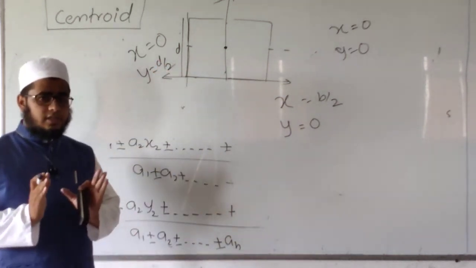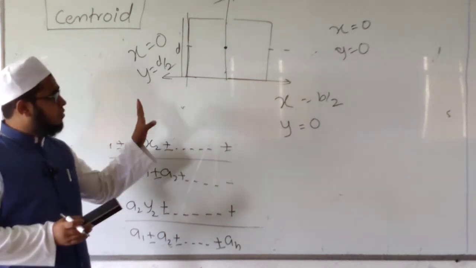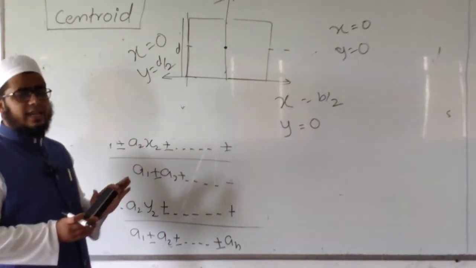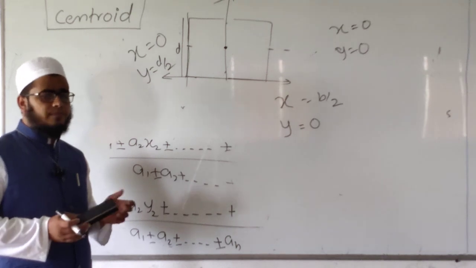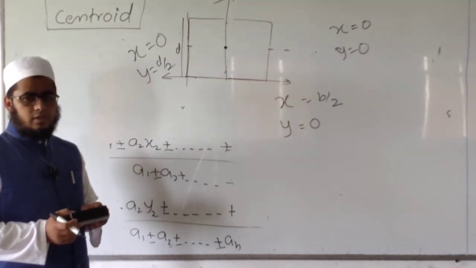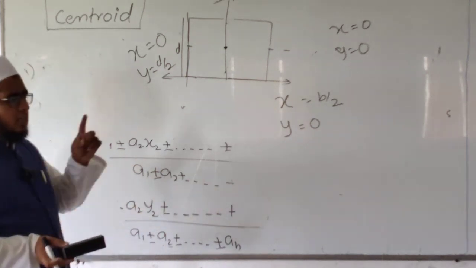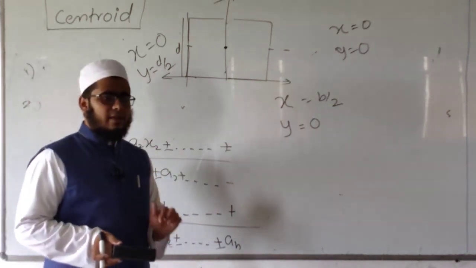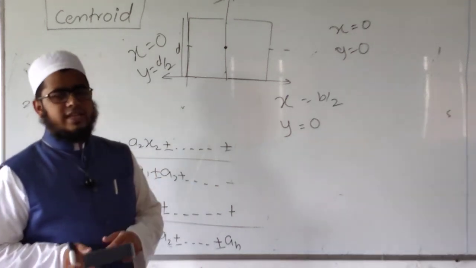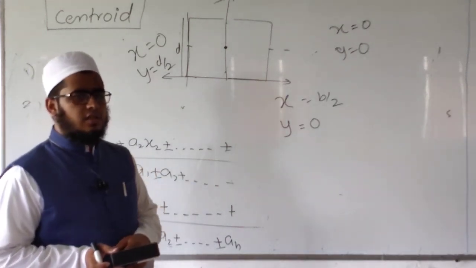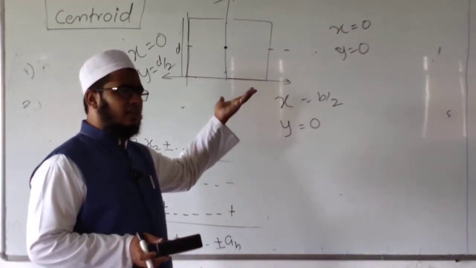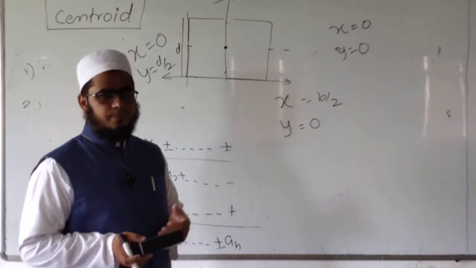For these symmetrical figures we can directly get the value of the centroid. Again I will repeat this. Whenever the body or the object or the plane lamina is symmetrical about both the x and y axis, the coordinates of the centroid x and y are 0.